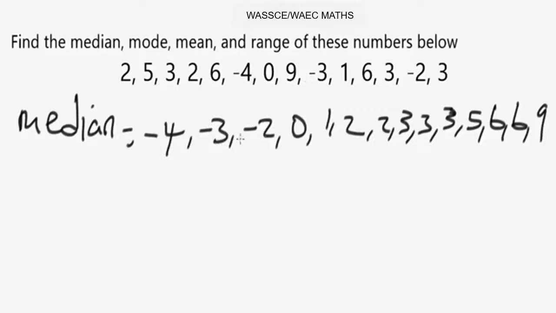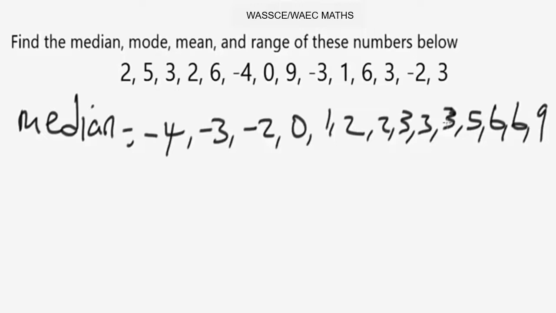Now to get the median, which is the middle number, we check what will be the middle number here. We have -3, -2, 0, 1, 5 numbers from the left. Let's start from the right, 5 numbers as well: 9, 6, 6, 5, 3.